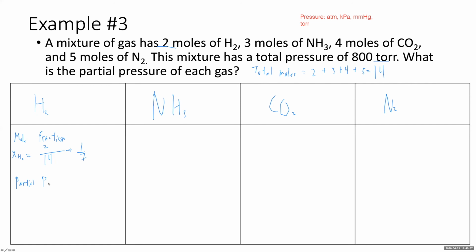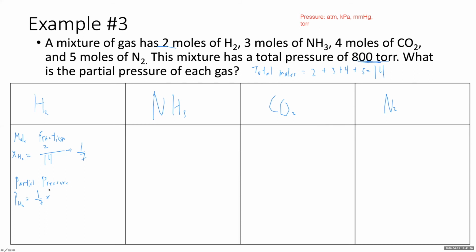To find the partial pressure of hydrogen gas, H2, we simply do 1 over 7 multiplied by our total pressure, which is 800 torr.